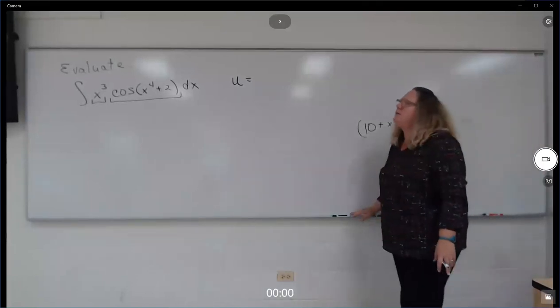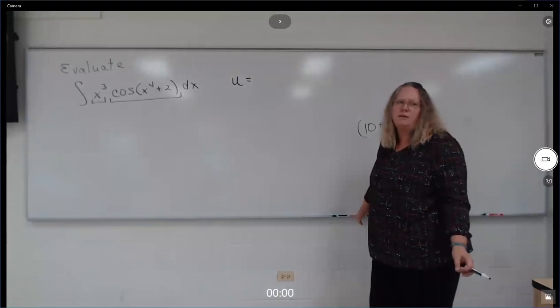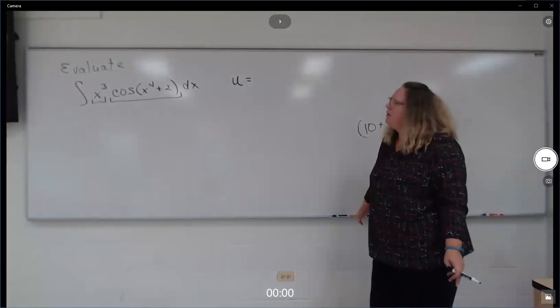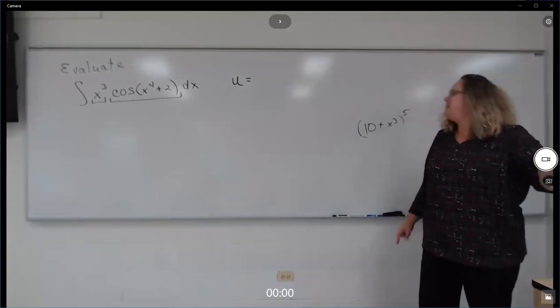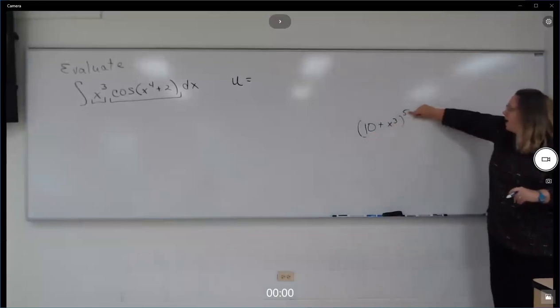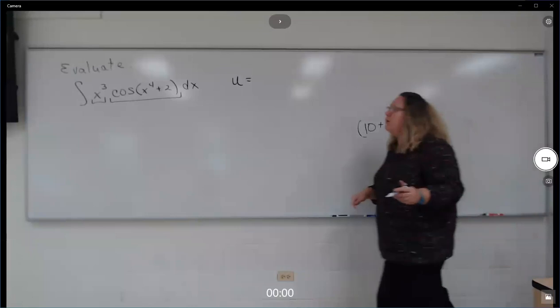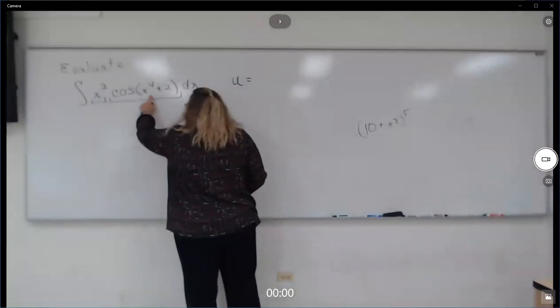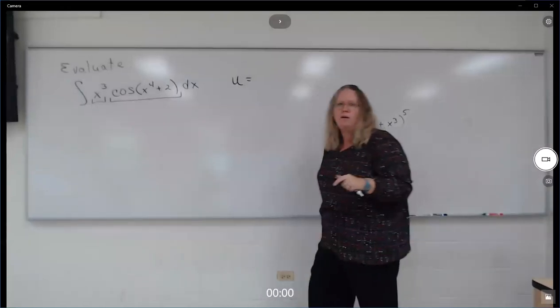Well, you might have said, did you want that whole thing to be u? Would that be like the derivative? Like the u would just be cosine of x to the fourth plus 2? Okay, then now you're on to something. That's good. Now remember here though, the 5 was not part of the u. So same thing here. Yeah, this has this extra piece of cosine, but don't take the cosine as part of your u.